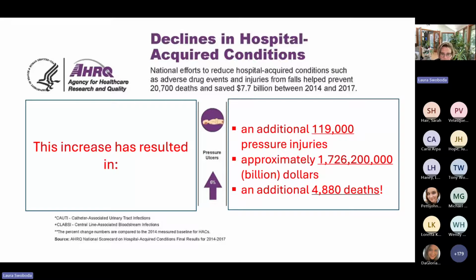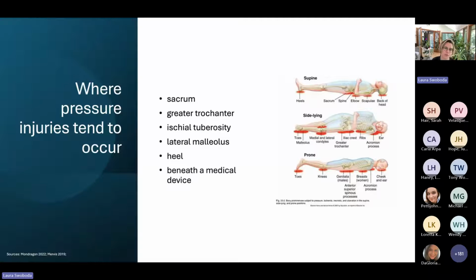Just huge, huge costs. It's like now that it's in the billions, everything, right? We've almost lost the context of how extraordinary the amount of money that goes into this is. And like we talked about before, an additional 4,880 deaths just associated with the increase in the hospital-acquired condition.